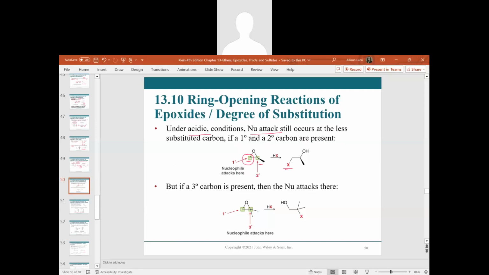So that's where we have our nucleophile add to this epoxide after the ring opens. If we have a tertiary site, we'll see that the steric hindrance isn't our main concern, but the electronic effects now take over, and this will be explained on the next slide a little bit more. But the nucleophilic attack occurs here at this tertiary site.